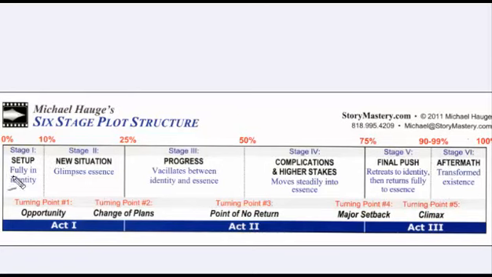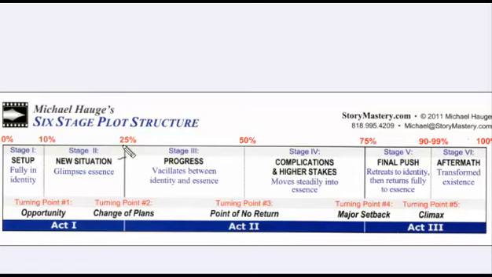He explained his structure. For the setup, the character is fully set up in identity. Then about 10% into the movie, there comes a turning point. The turning point provides an opportunity which begins the story and triggers the hero's desire to move to a new situation, normally a new location, which ultimately results in a change of plans.